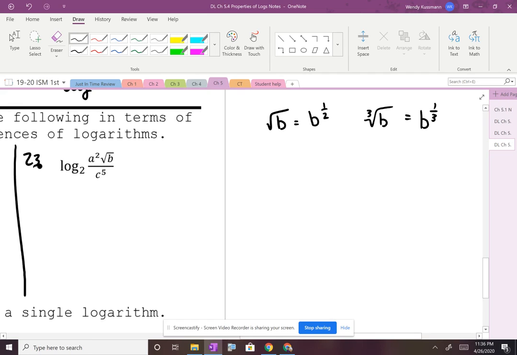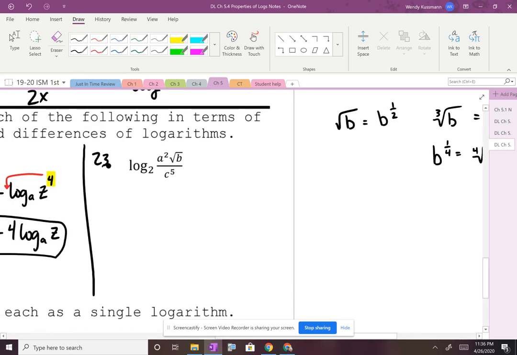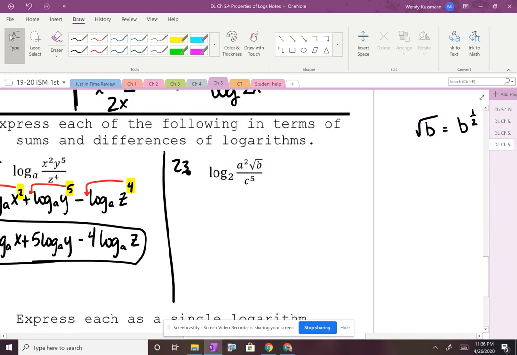Remember, the bottom of the fractional power is the index. So if you have b to the 1/4 power, that's the 4th root of b. So keep that in mind going back and forth between these. If you have fractional powers, that means it's a radical. Looking at number 23.